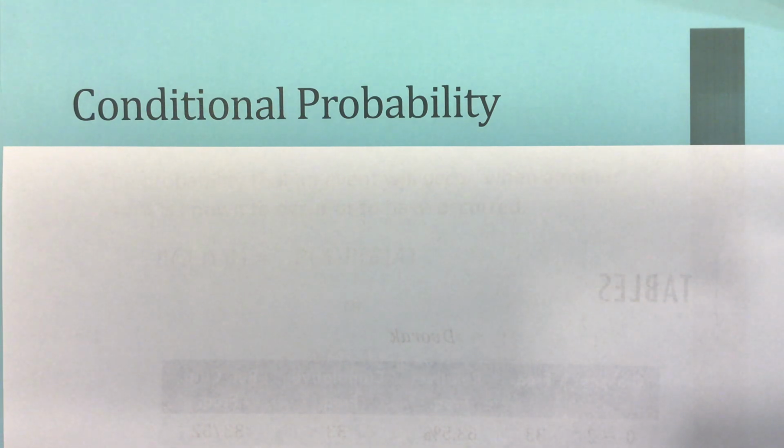Like, I'm going to draw 2 cards from a deck of cards. What's the probability I get both of them hearts, right? So the first one's simple, 13 out of 52, but the second one is now depending on that first draw, right? It becomes dependent, and we call that conditional, right?